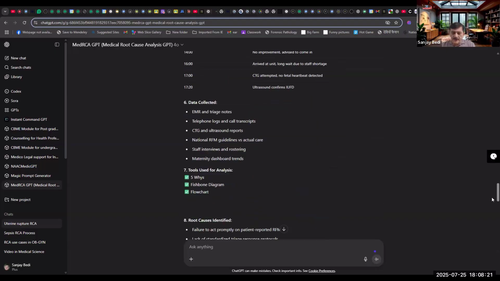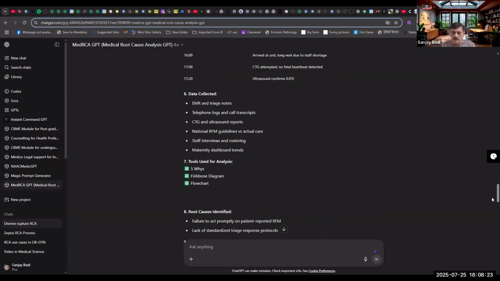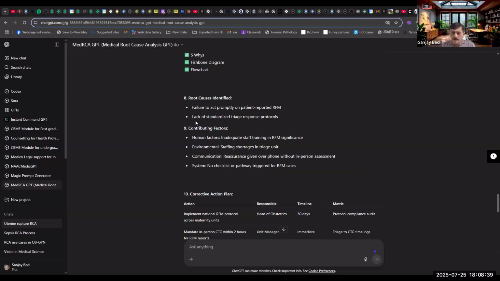The data to be collected is EMR, triage notes, telephone logs, guidelines, staff interviews, rostering. The 5 whys: lack of standardized triage. Contributing factors: human factors, inadequate staff training; environmental, staffing shortage; communication, reassurance given over phone without in-person assessment.